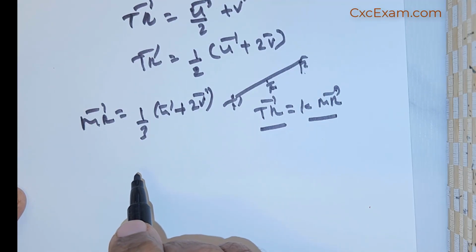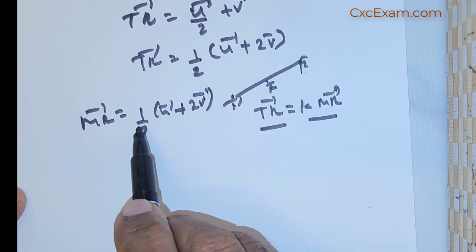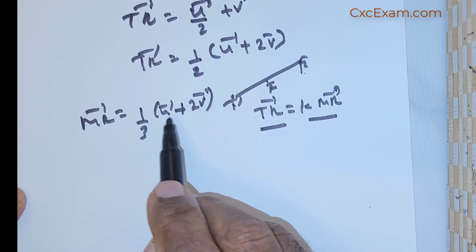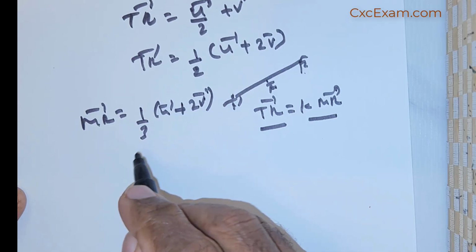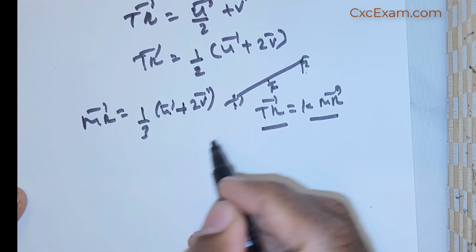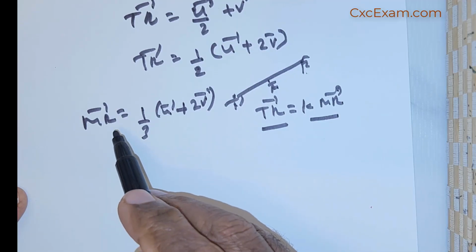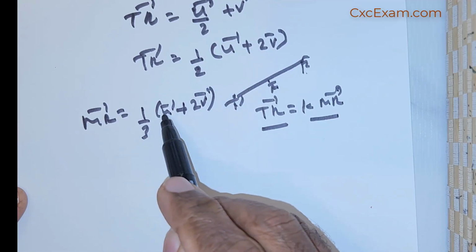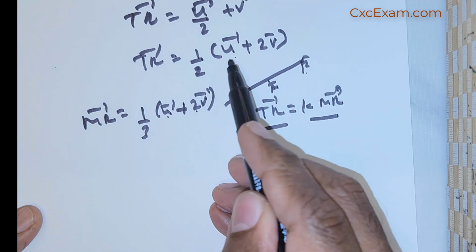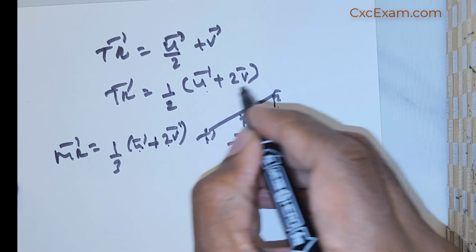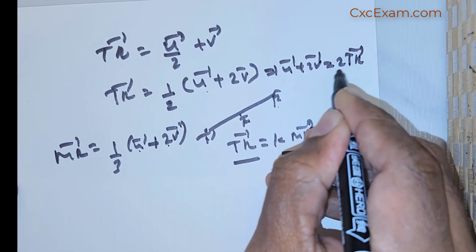Now clearly you see this MR vector is this. If I can connect these two in some manner, then I can conclude the proof. In this case, I have a U vector and a 2V vector. So from here I can rewrite U vector plus 2V vector as 2 times TR vector.